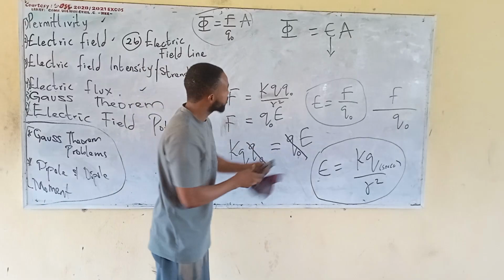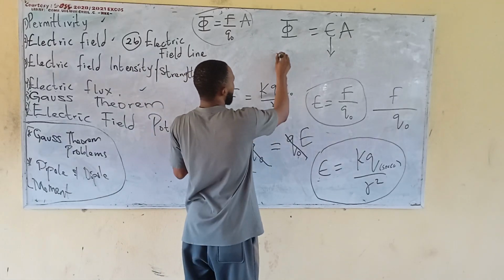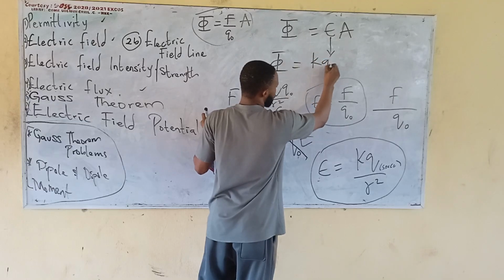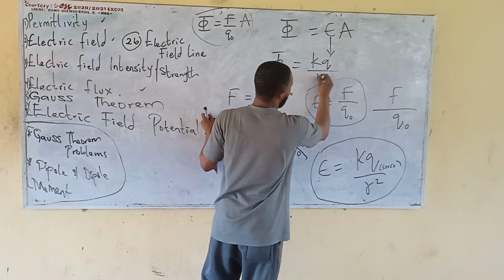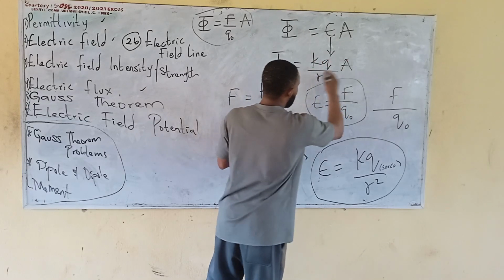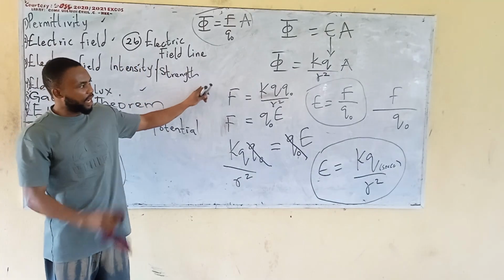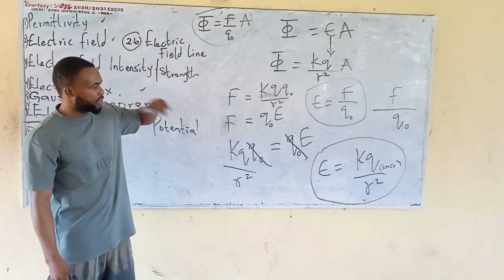So this can also be the same thing as saying I naught, electric flux, equals KQ over R squared A. This is the one we make use of for Gauss theory, and you will see how it takes us to Gauss theory.